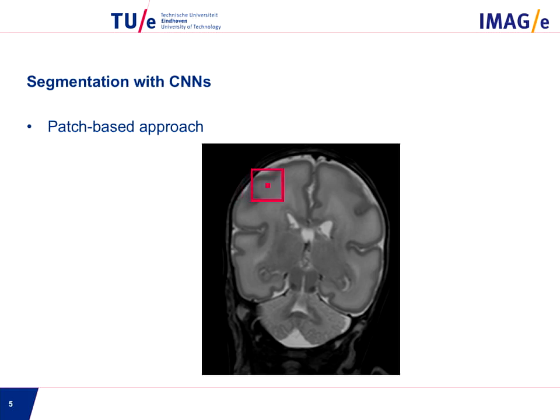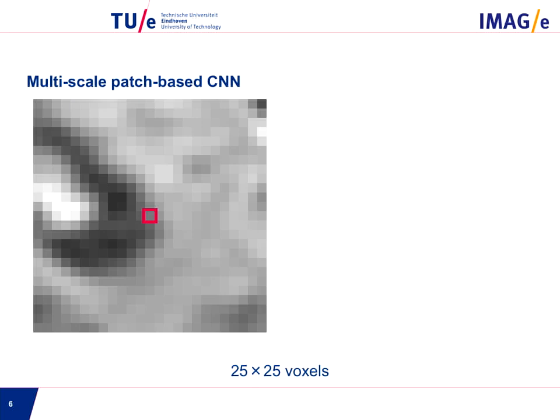And you can go over the whole image like that, and in this way come to a full segmentation of your whole image. So this could be a patch like that. This is a 25 by 25 voxel patch from one of these images.